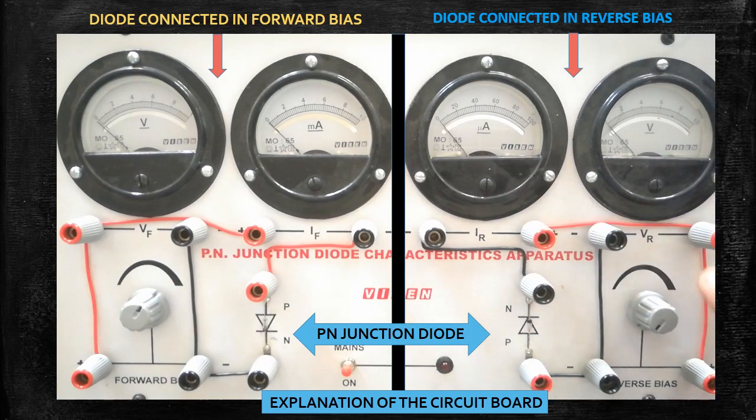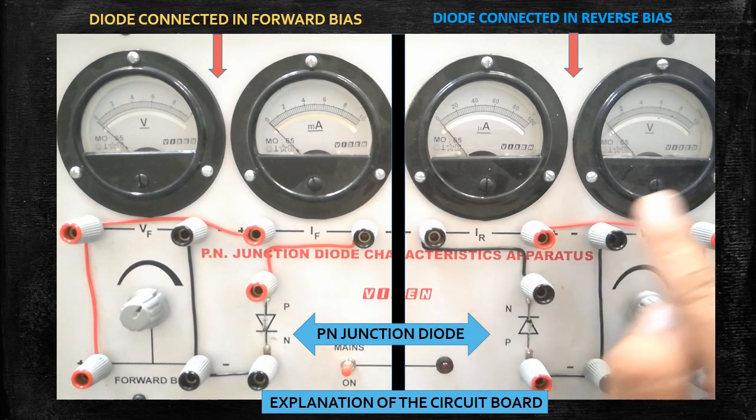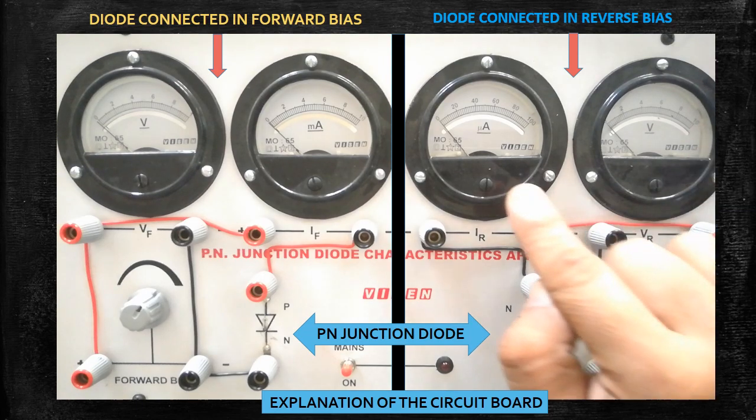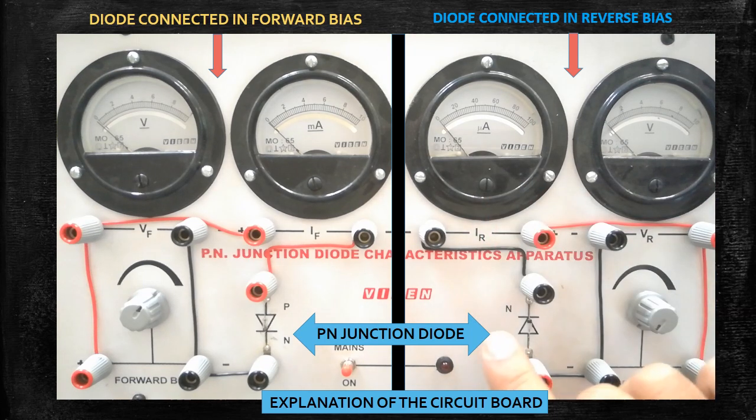Since it is reverse bias, both are called reverse voltage and reverse current. If you vary the value of VR, the reverse voltage, there will be a corresponding change in the reverse current. Both readings can be read from the voltmeter and microammeter. Here reverse current is measured in microampere and VR, reverse voltage, is measured in volt.